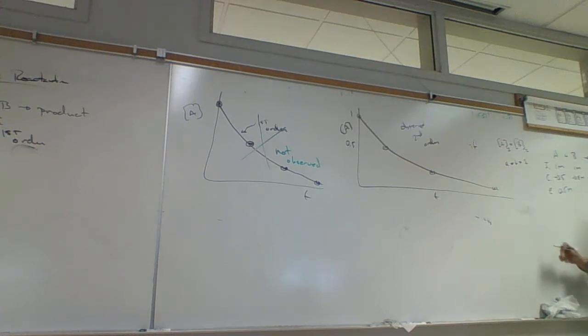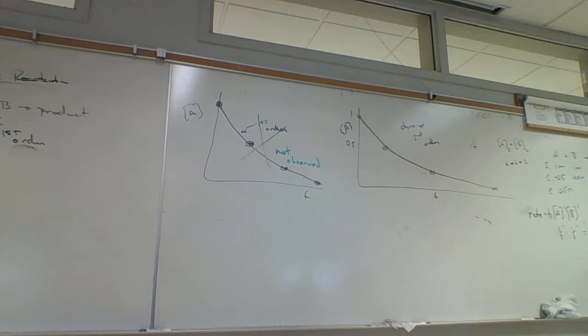And so what the situation is this: the rate depends on both A and B. So if A gets cut in half, that's 1/2 to the first, times B gets cut in half, that's 1/2 to the first. 1/2 times 1/2 gives us 1/4 of our original. And so this is going to be looking like second order.